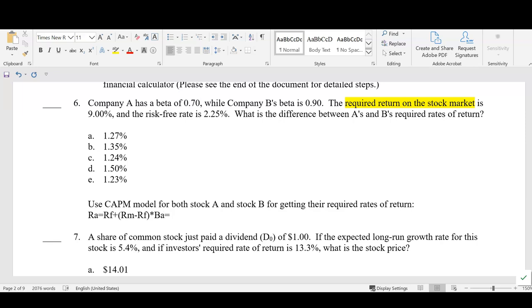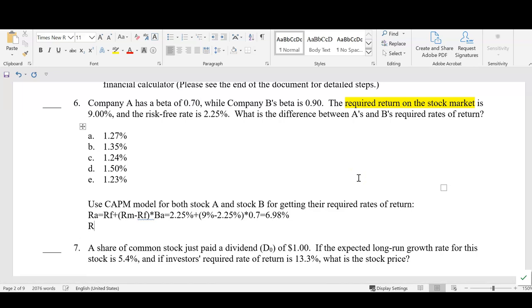Okay, that should be equal to risk-free rate 2.25%, plus RM, market return, 9%, minus risk-free rate 2.25%, multiplied by beta of A, which is 0.7. Okay, and this should give us 6.98%.